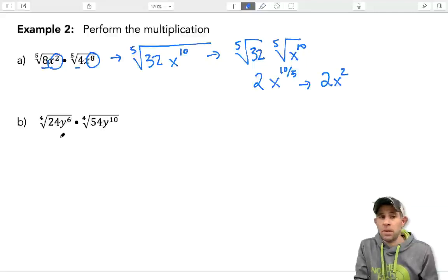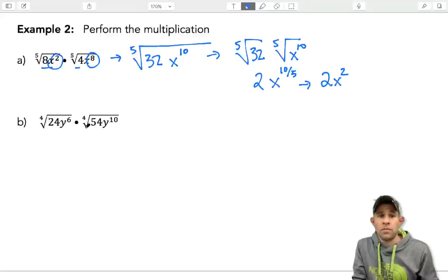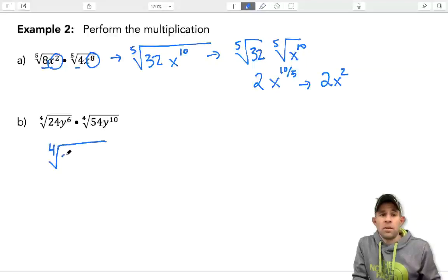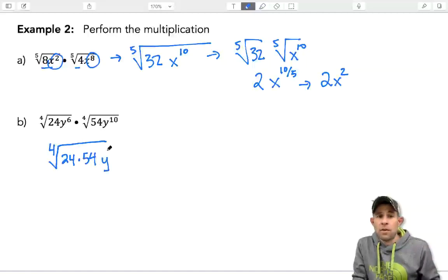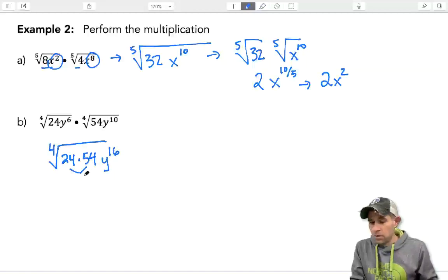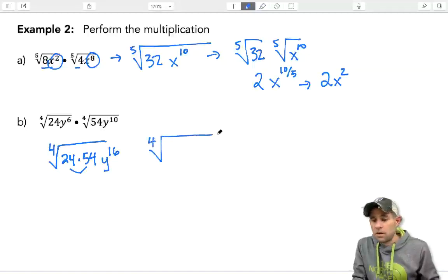All right, example B, we're going to do the same thing here. We have the fourth root of 24 times y to the 6th times the fourth root of 54 y to the 10th. So we're going to bring these back together, and we're going to say 24 times 54, and then it's going to be y to the 6th times y to the 10th, which is y to the 16th. Now, when we multiply 24 times 54, we're going to have the fourth root of 1,296, and then y to the 16th.